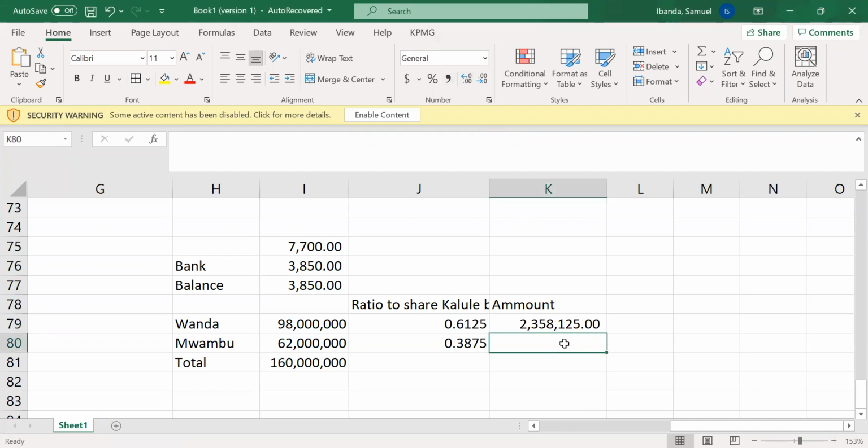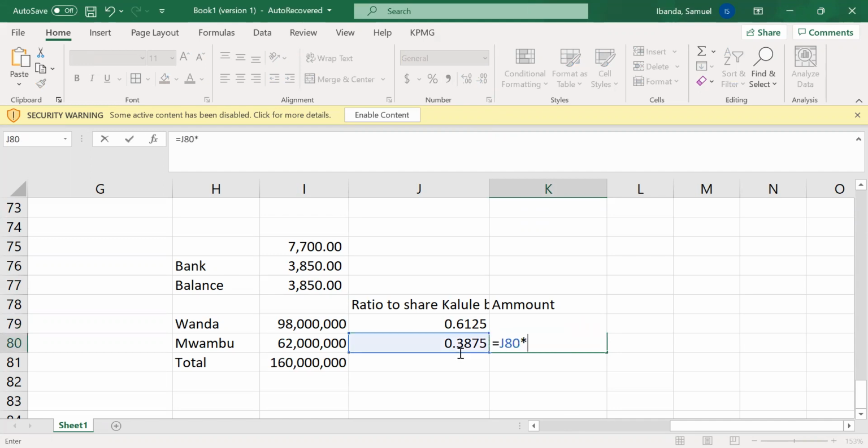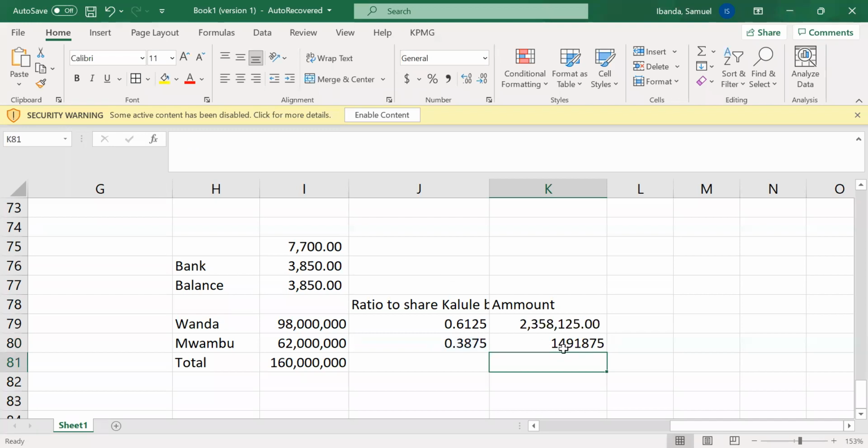And then for this one, it is this times 3,850, same amount, which gives us 1,491.875. When you add these two amounts, they should add to 3,850. So this is how they are going to share the deficiency for Karule.